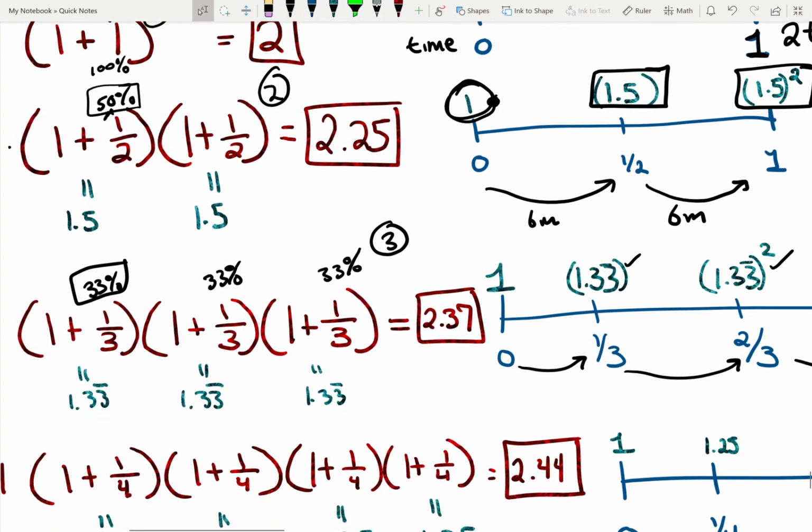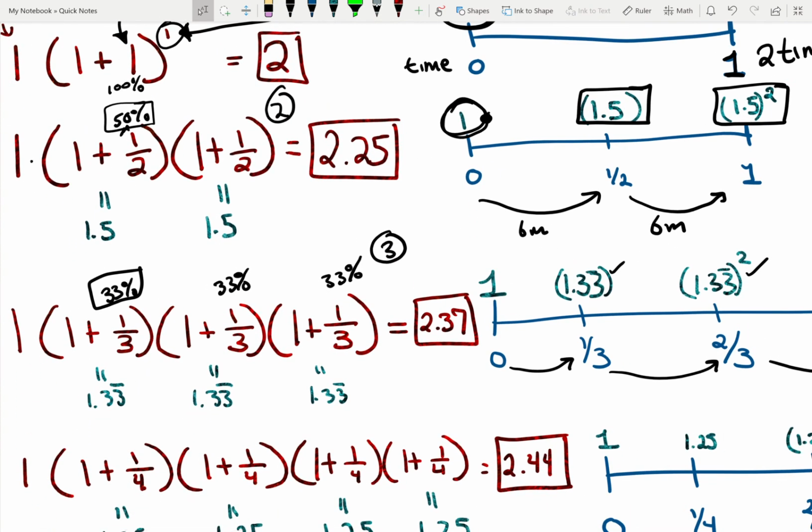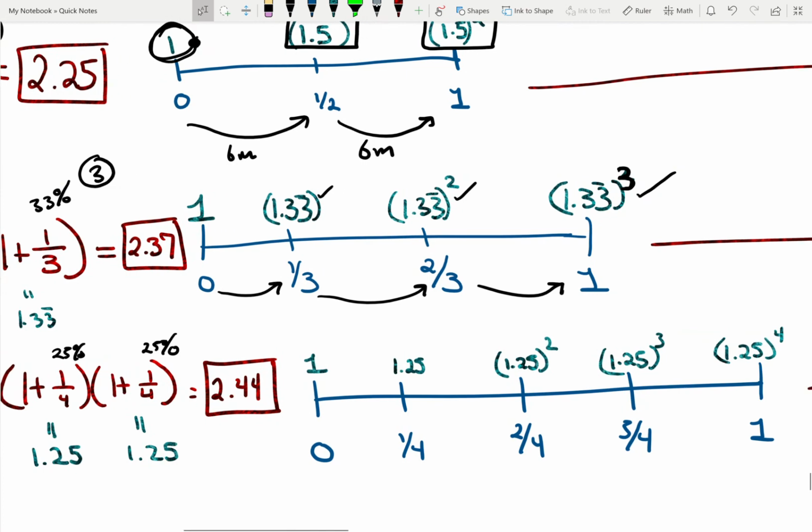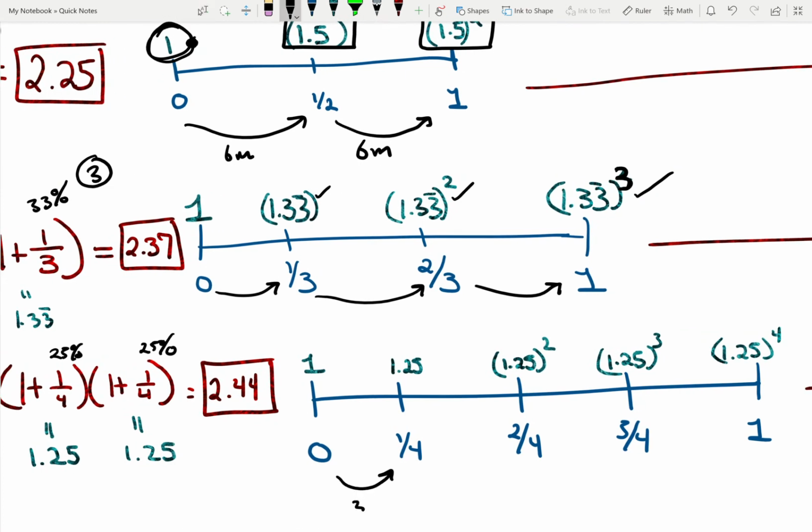And I can do it again, right? I can say, well, what if I only take a fourth of it? So this is 25% of 1, 25% of 1, 25% of 1. And I have 4 different time slots where I get these compoundings. Then it's going to look like this. After 3 months, I'll earn this much.